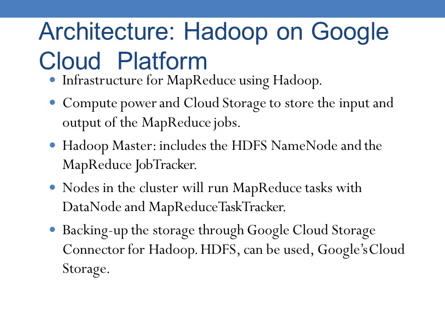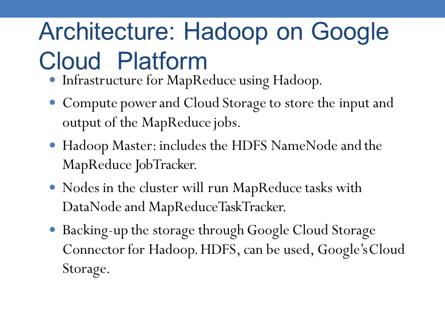So next one is architecture, Hadoop on Google Cloud Platform. Infrastructure for MapReduce using Hadoop, compute power, and cloud storage to store the input and output of the MapReduce jobs. Hadoop master includes the HDFS name node and the MapReduce job tracker.